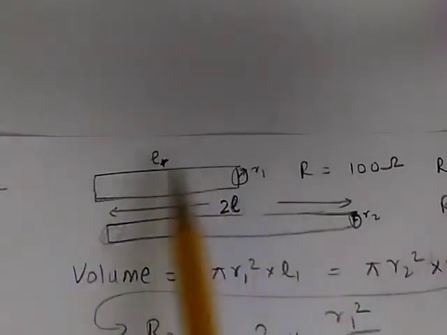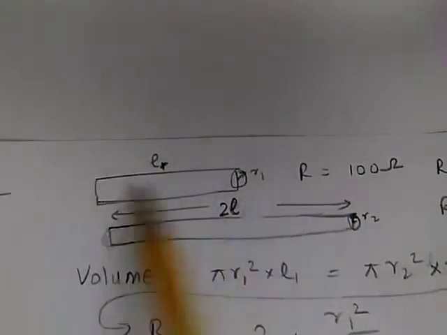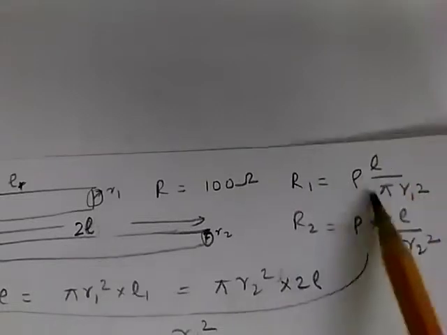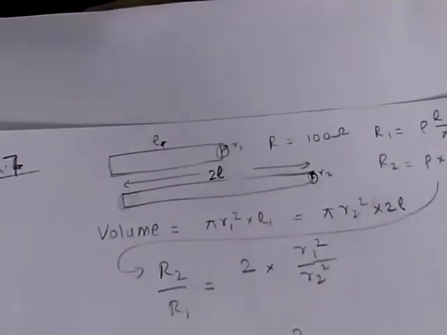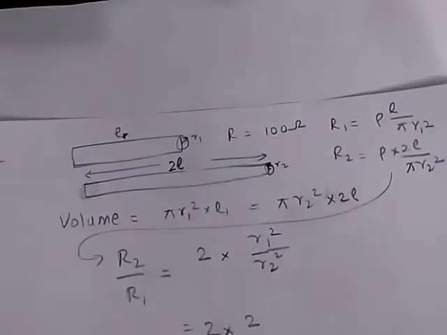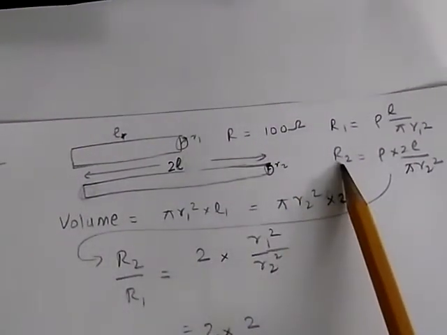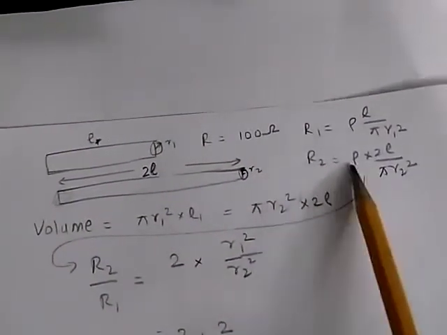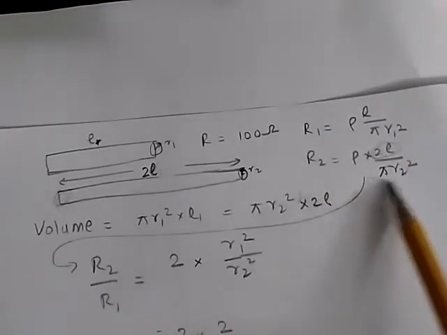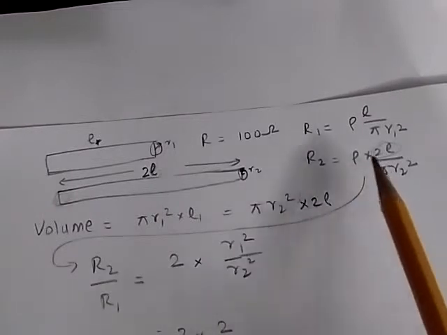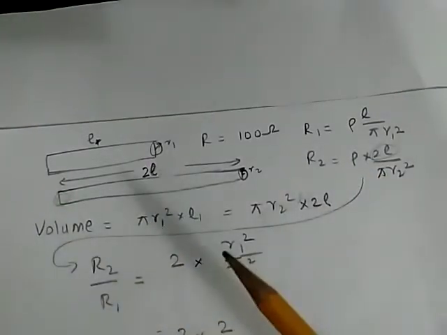Now the material stays the same, so in this case the resistance R1 is given by rho L upon pi r1 square, and the resistance R2 will be given by rho into 2L, since the length has been doubled, divided by pi into r2 square. Rho is the resistivity of the material.